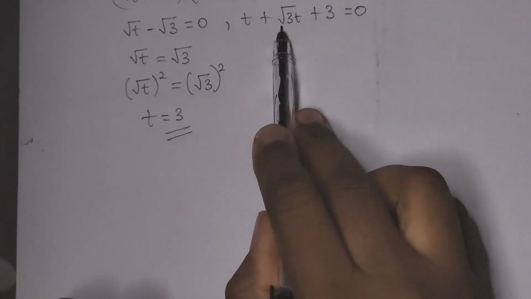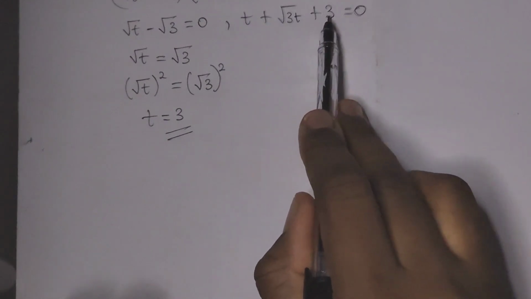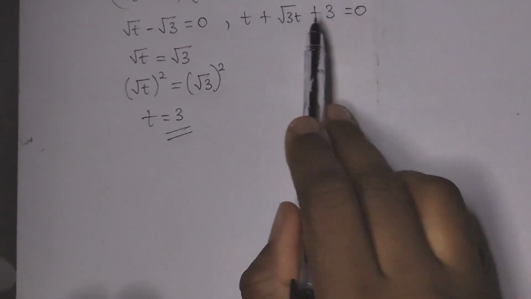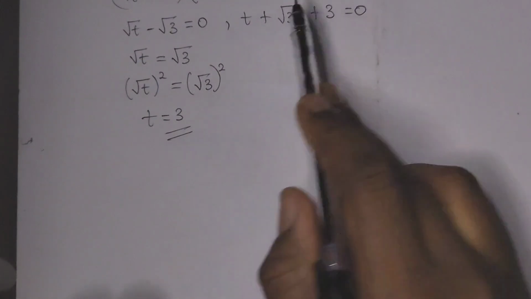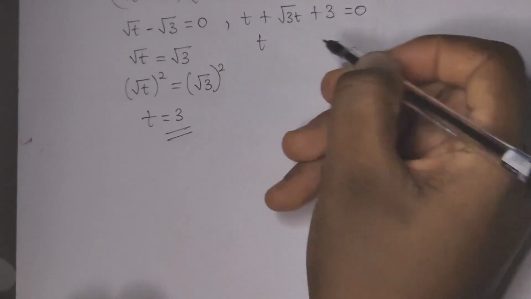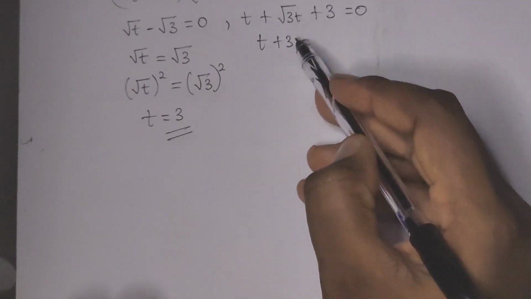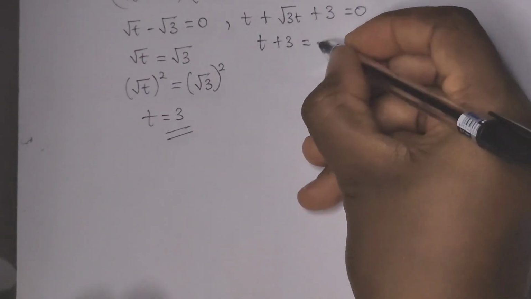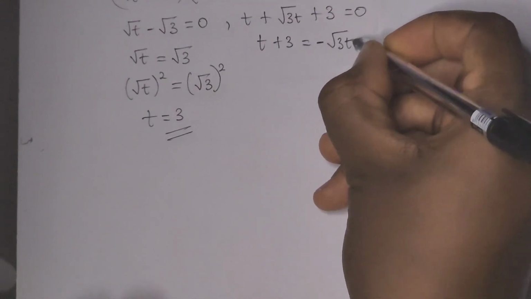So resolving the next equation, we have t plus square root of 3t plus 3 equal to 0. For us to resolve this, we'll be eliminating this square root. So let's take t plus 3 equal to, moving this over to the right hand side, minus square root of 3t.